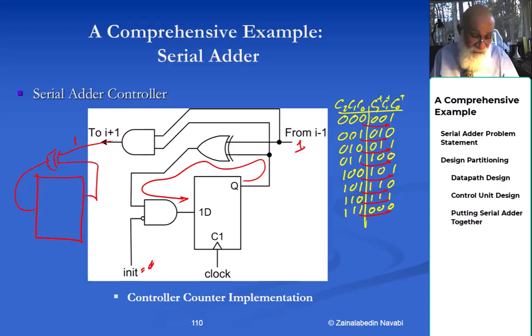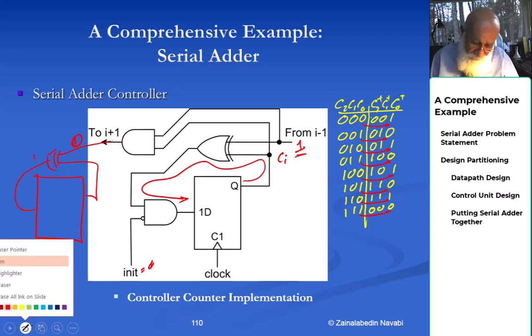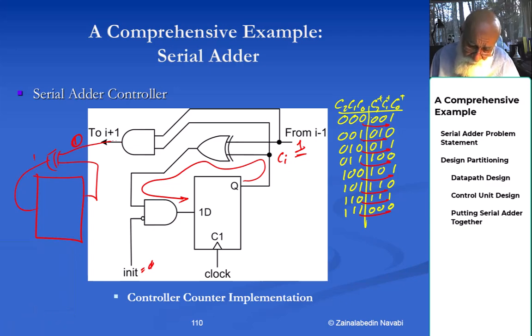The condition that makes this 1 is that I have a 1 on this right hand side input, which is actually the carry in, and also I have a 1 on my C0. I'm going to show it with a different color. Okay, if there is a 1 here, this one toggles. If there is a 1 here, this one toggles. 1 becomes a 0, 0 becomes a 1. If there is a 1 here, 1 becomes a 0.